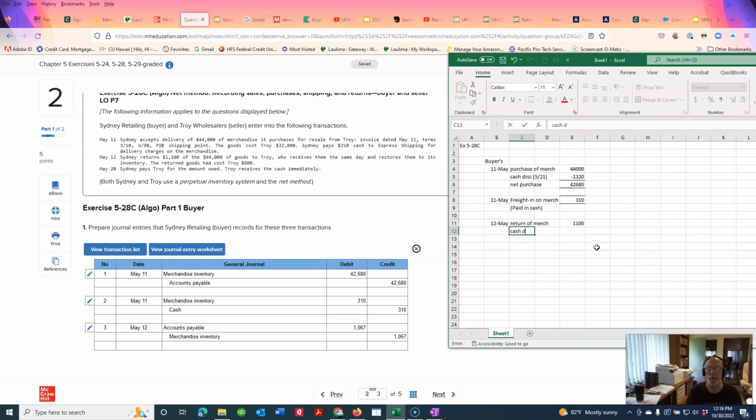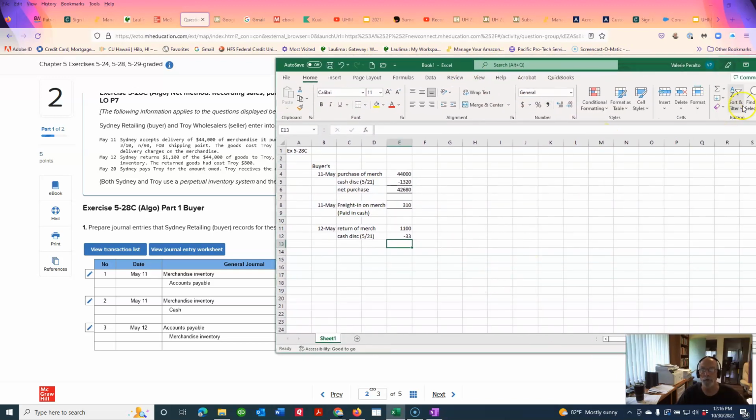However, we are recording it on the net method, so just as we did for the purchase, on the return we also subtract the discount and record that net of discount. So that is our net purchase return 1067, and we already checked it. We know it's correct.